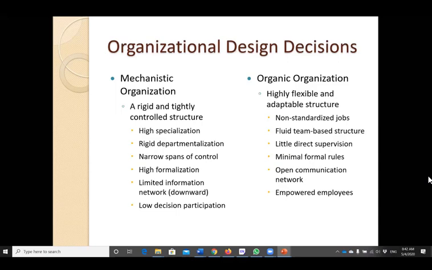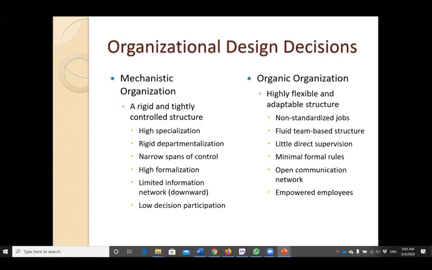The managers in one department cannot manage people in another one, so that's why the span of control is often narrow. And it needs high formalization, because the managers want everything to be controlled. So they will set out very fixed procedures and very strict rules, and force the subordinates to obey.